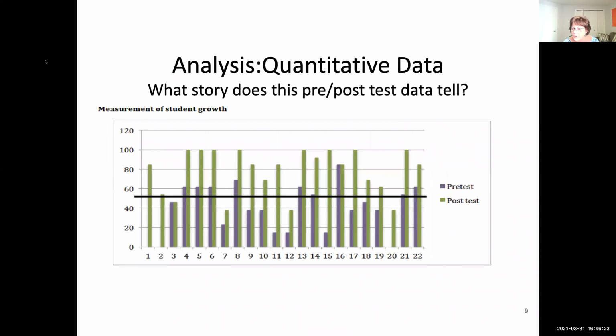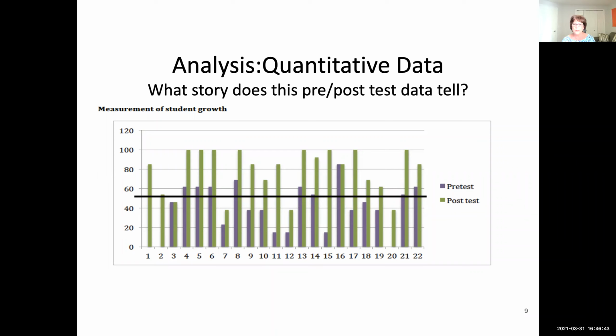The first thing you're going to do is create a graph that looks like this. If you look down at the bottom of the graph, you see 1, 2, 3, 4, 5. Those are students, labeled student 1, 2, 3, 4, 5.